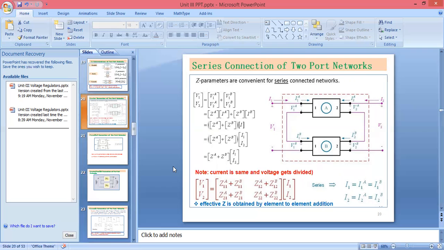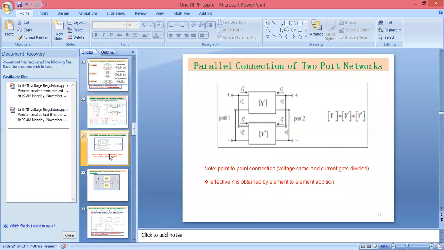So you can see here, in the parallel connections for the two-port network, you will get the equations for the current, not for the voltage, because in parallel interconnections, voltage will be the same. But if you are making the parallel interconnections of the elements, at that time current will be divided. So you will get the equations for the current in the form of voltage and the admittance.